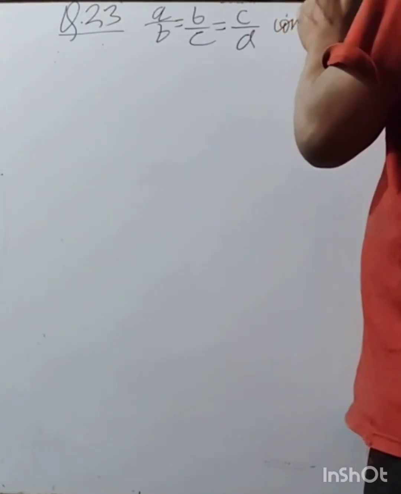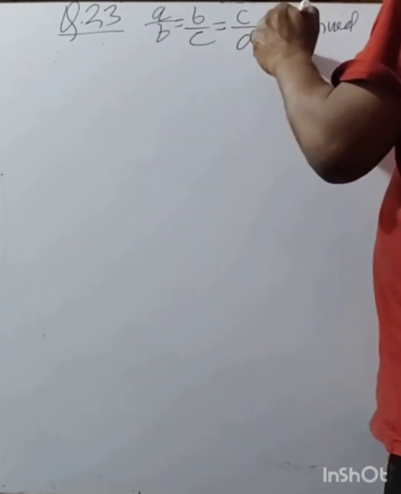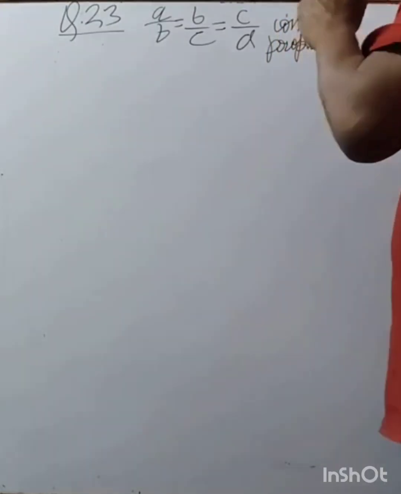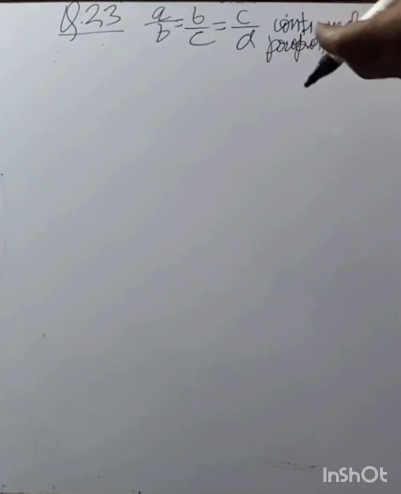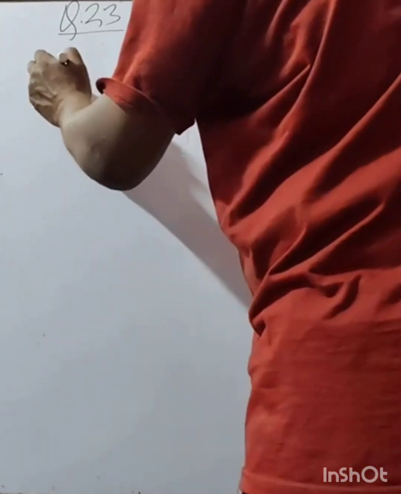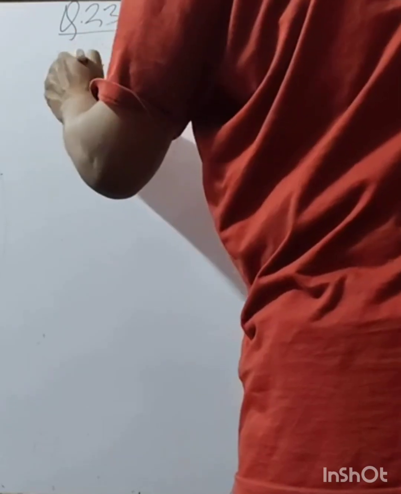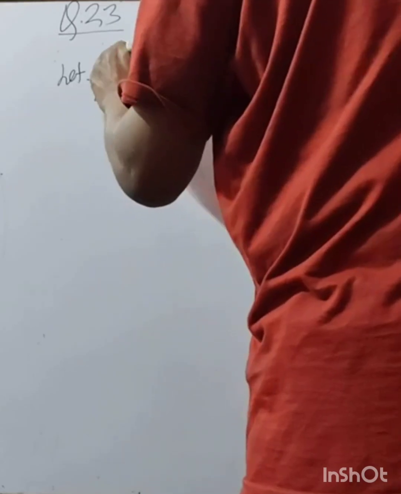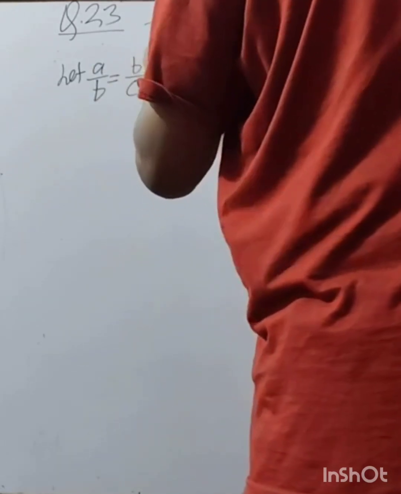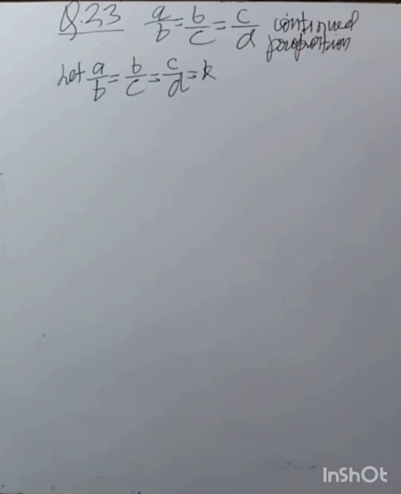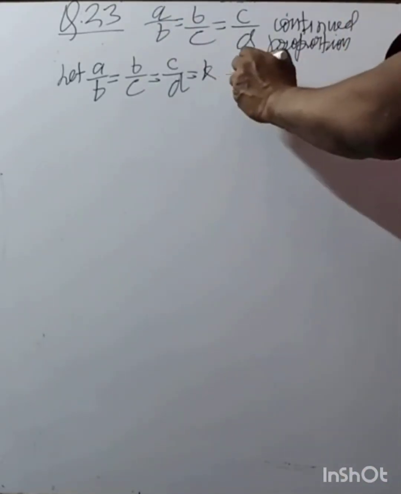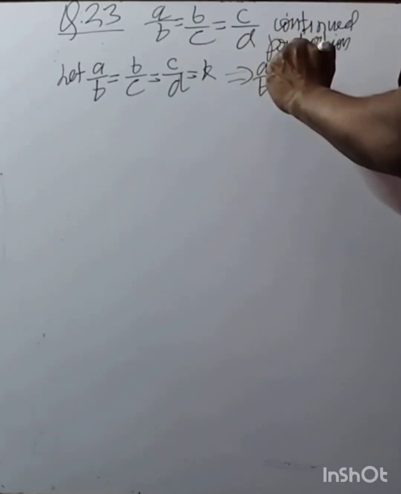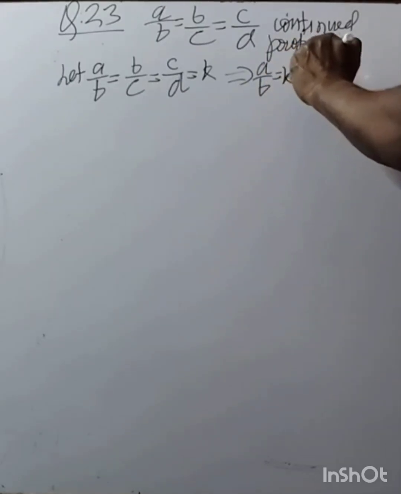So let A upon B is equal to B upon C is equal to C upon D is equal to K. If I write A upon B is equal to K, therefore A is equal to BK.